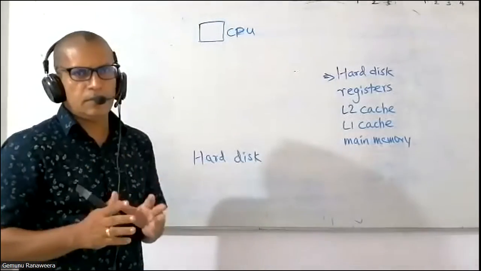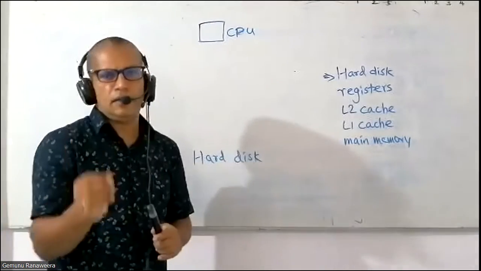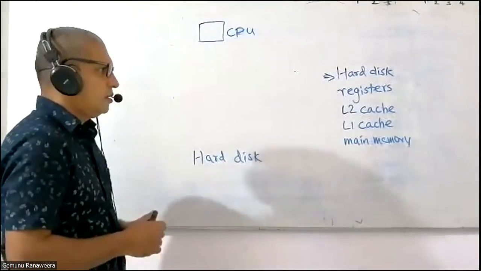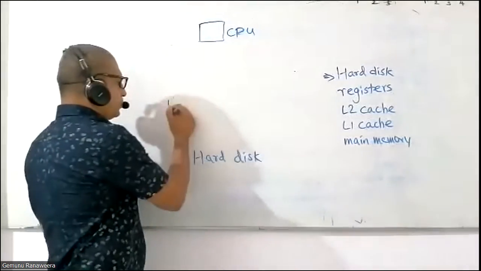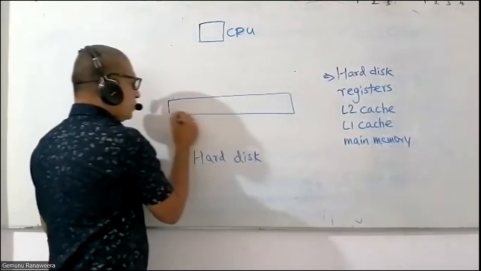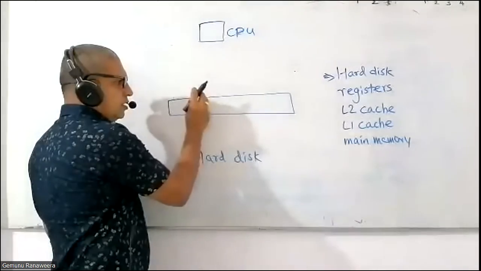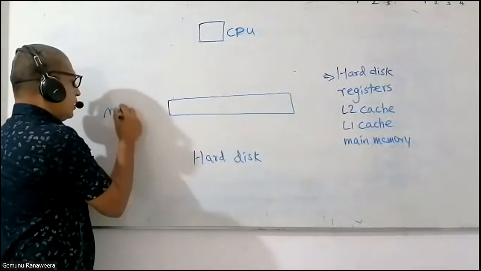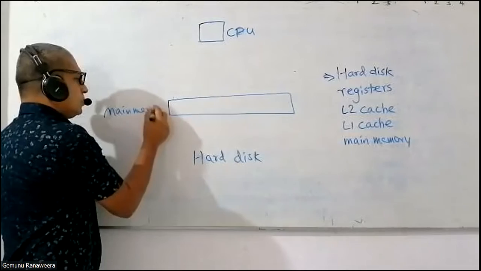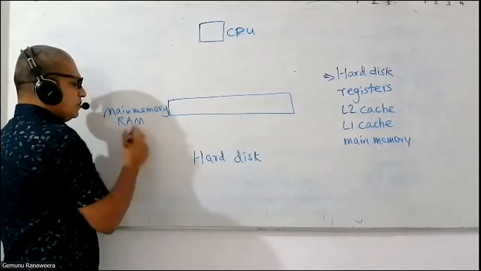But there is a problem. What is it? The CPU cannot access the hard disk directly. Instead, the mechanism inside the computer is to copy the necessary data and instructions into another memory called the main memory. In practice, we call it the RAM, random access memory.